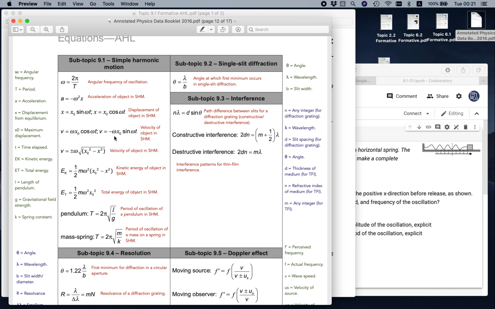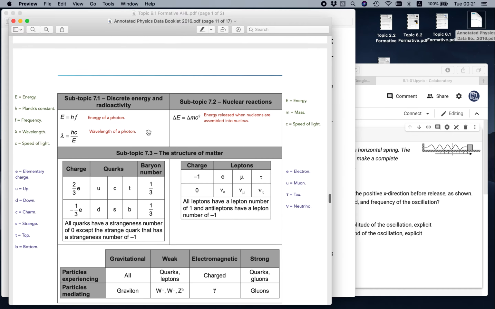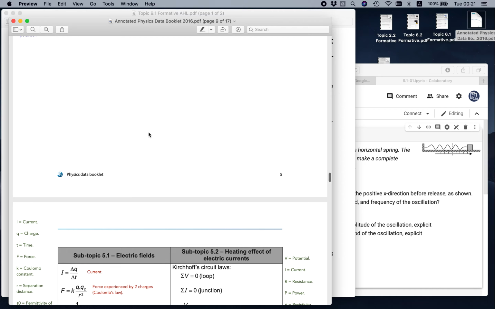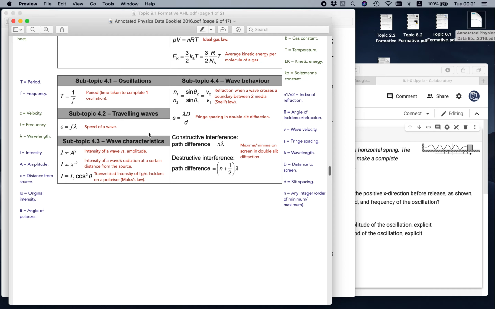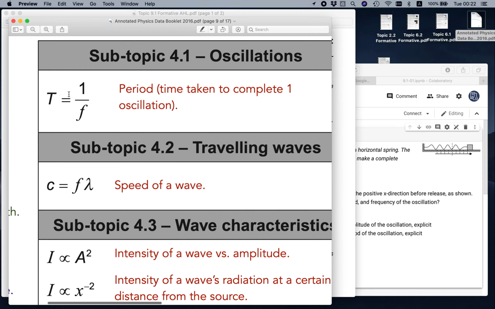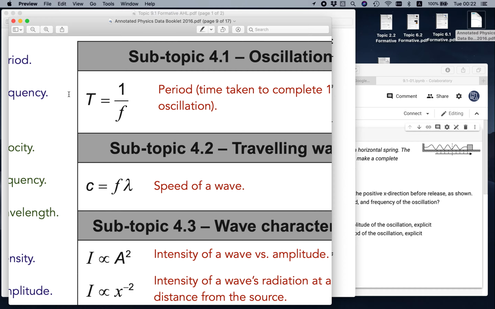Acceleration, all these values distract us because we just introduced simple harmonic motion, which we already discovered and talked about in chapter 4, Waves. The first subtopic of waves was 4.1 oscillations, and here's the formula that we take.